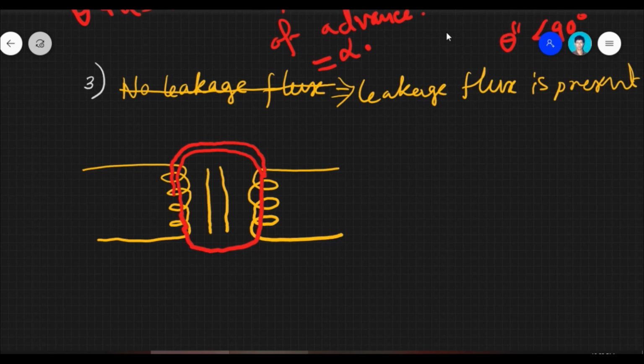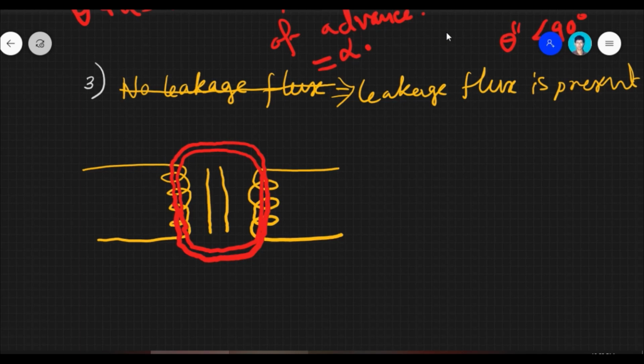These are the mutual flux that links both the coil, and whatever variation is there, they cause induced EMF, same amount of induced EMF.